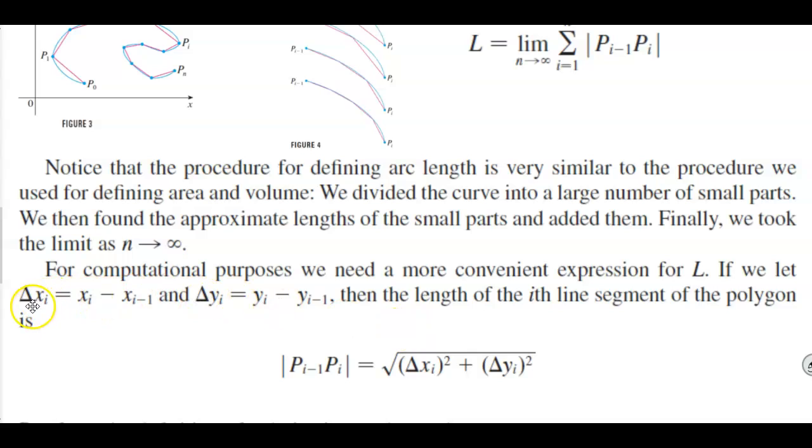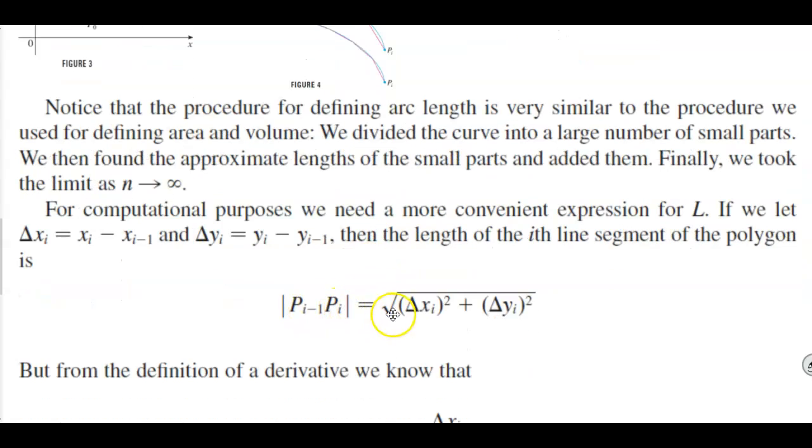If we let delta x subscript i equal x subscript i minus x subscript i minus 1 and delta y subscript i equal y subscript i minus y subscript i minus 1, then the length of the ith line segment of the polygon is the square root of delta x subscript i squared plus delta y subscript i squared.